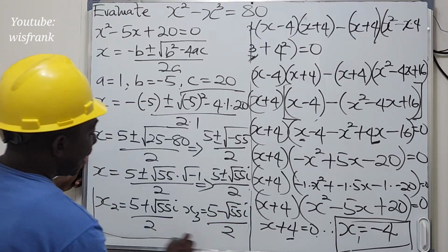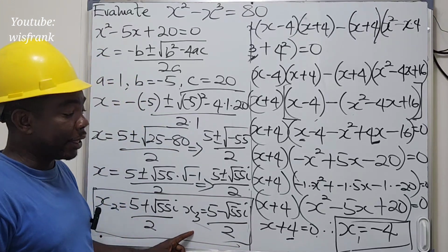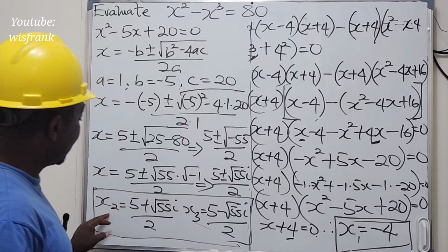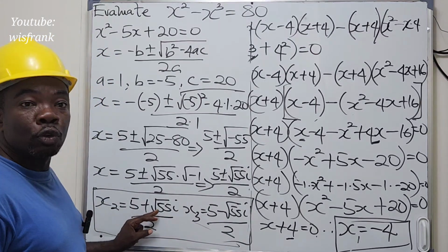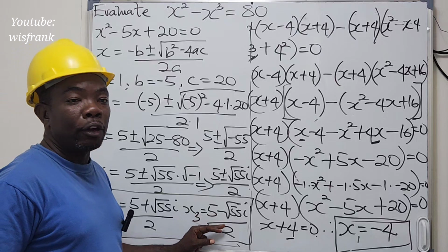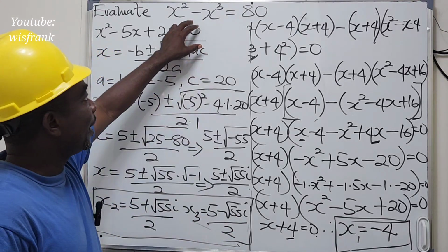So these are the second and the third solutions of x that we have. Our x1 is minus 4, our x2 is 5 plus root 55i all over 2, and our x3 is 5 minus root 55i all over 2, and they satisfy this equation.